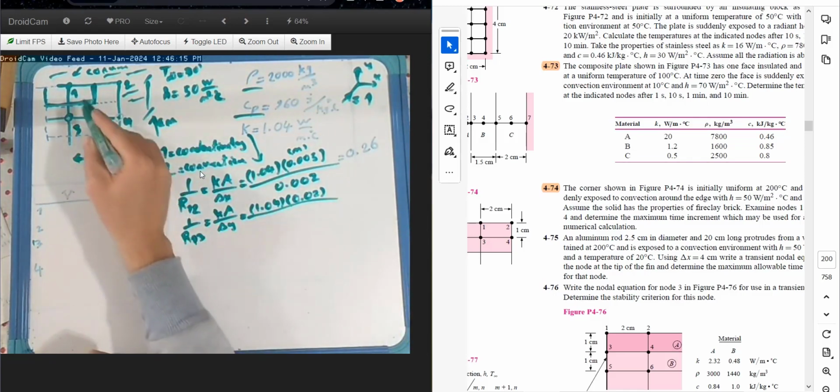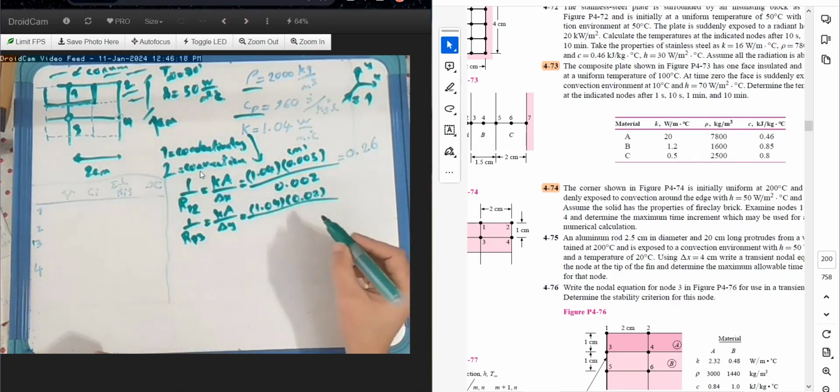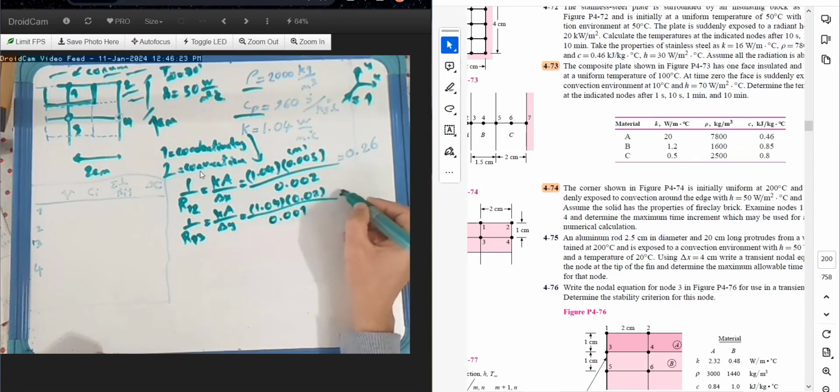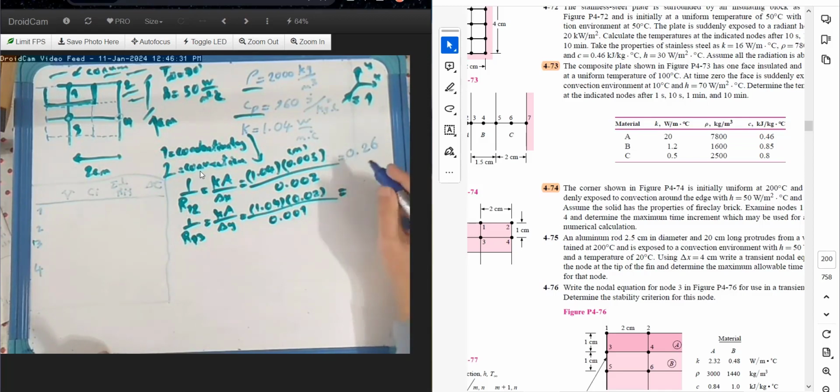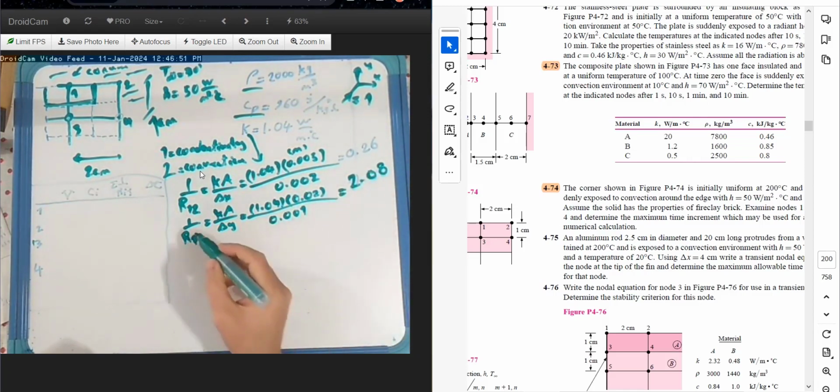From point 1 to point 3 is 1 centimeter, 0.01. The answer would be 2.08 for R13, okay?